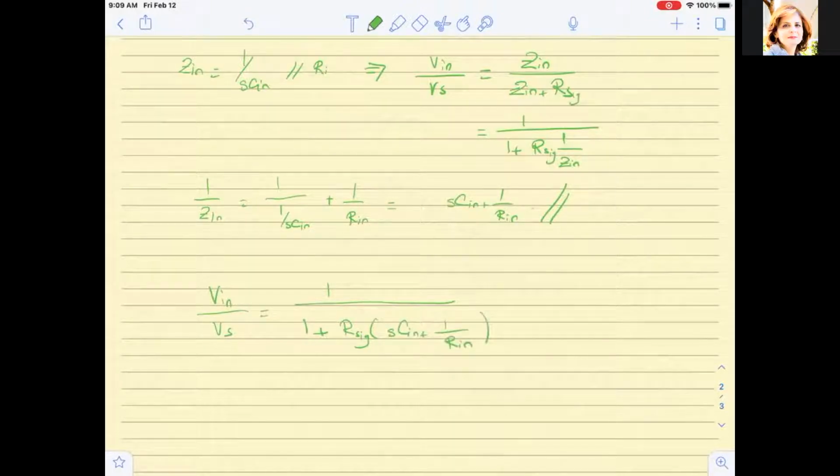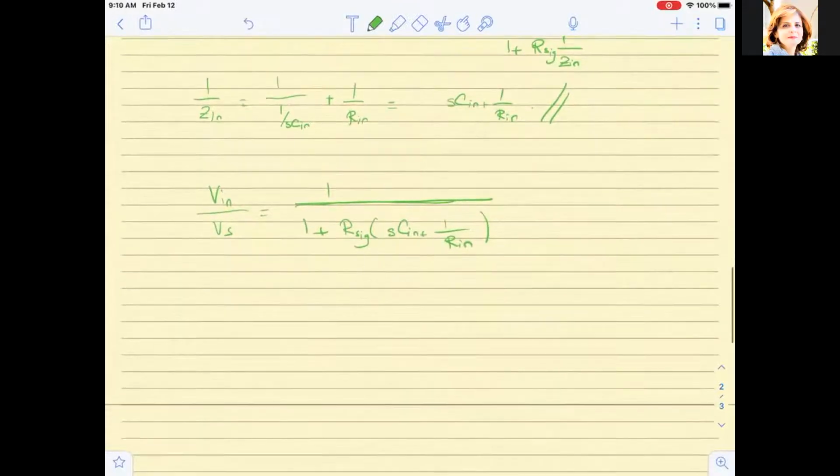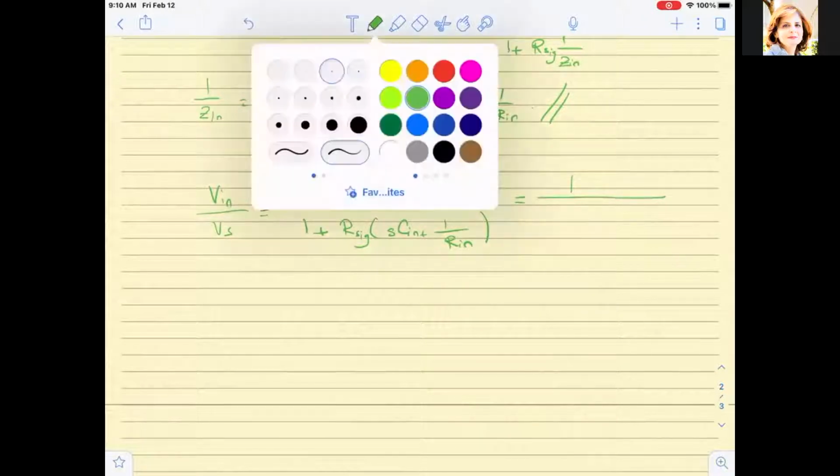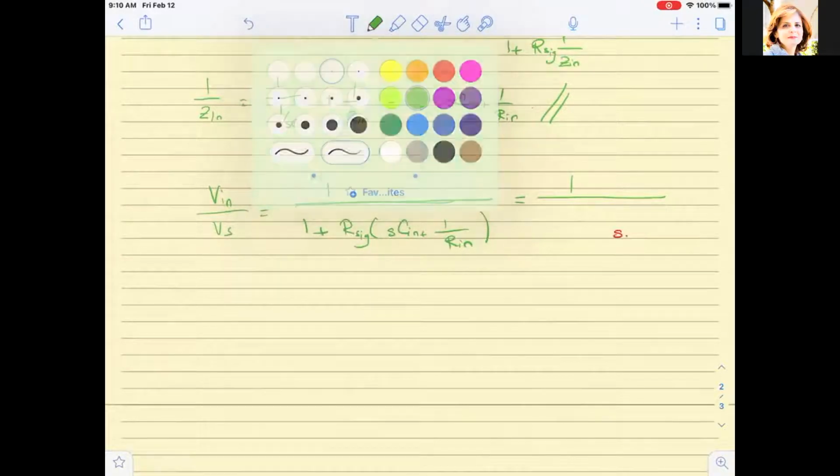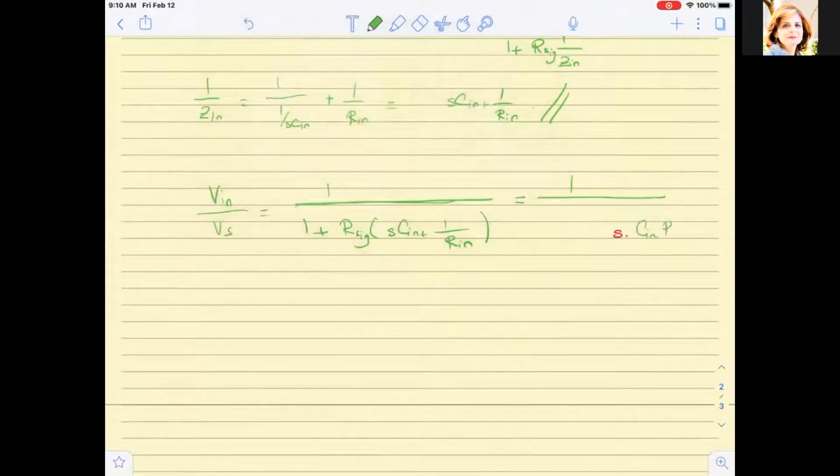The reason I'm expanding this is because I want to explain to you later what is the compact form that we want to maintain in any expression that we derive. So this is equal to 1 over 1 plus, first I put the S term alone, so this is S times Cn times R sig, and this is 1 plus 1 over 1 plus R sig over Rn.